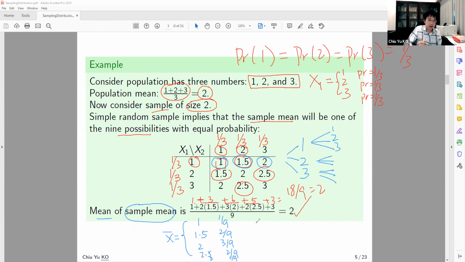Then the mean of this is 1 times 1/9, 1.5 times 2/9, 2 times 3/9, 2.5 times 2/9, and 3 times 1/9. Then that gives you 2. Is that clear? Good. So that is why we say mean of sample mean.